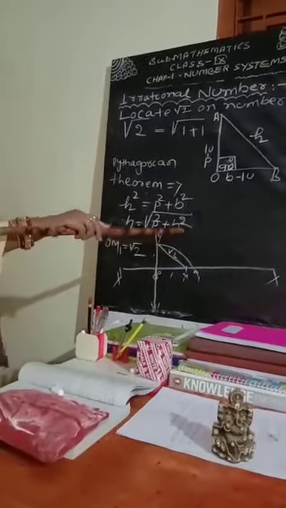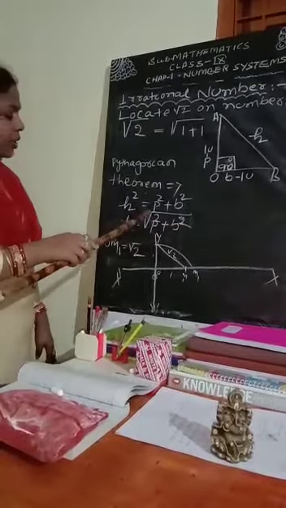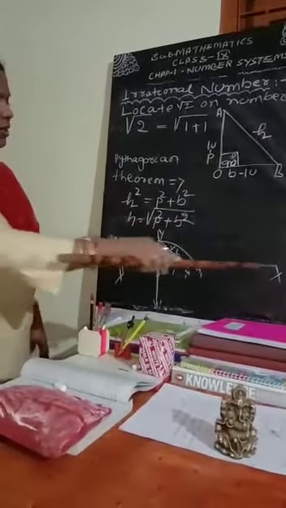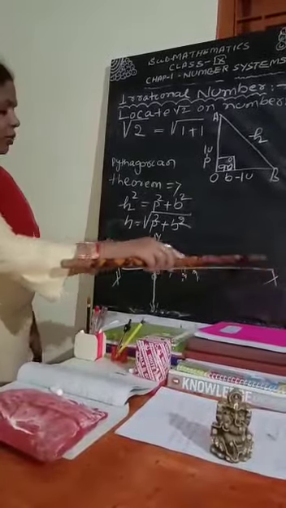So how can we follow this rule to locate root 2 on a number line?